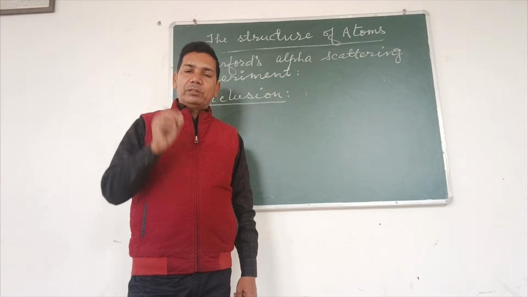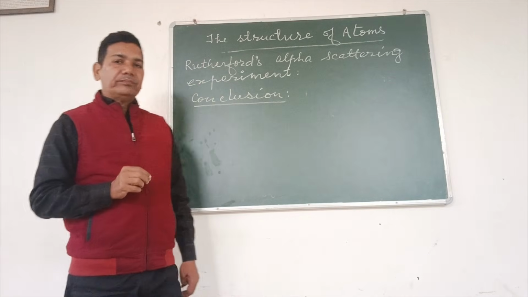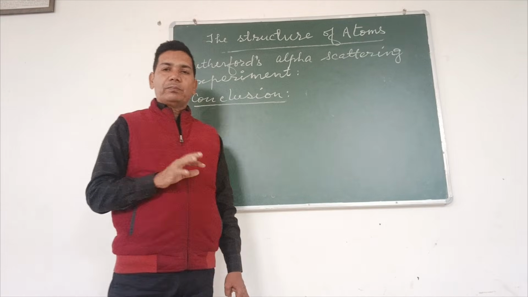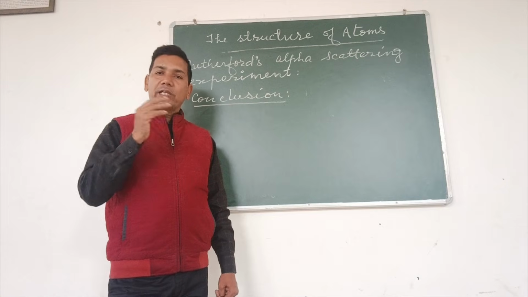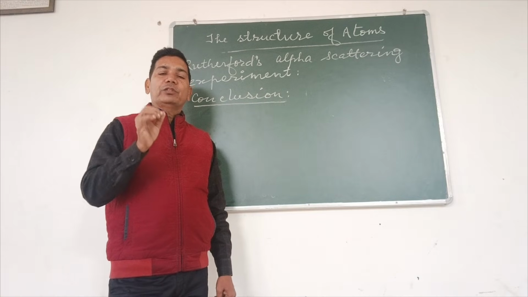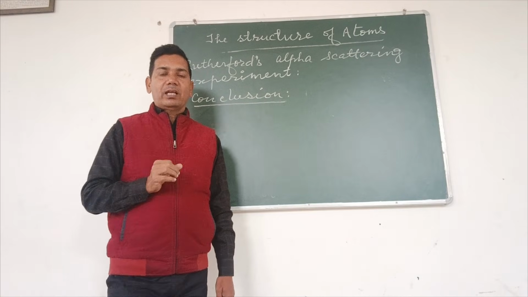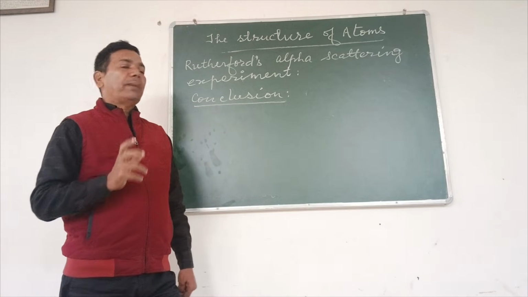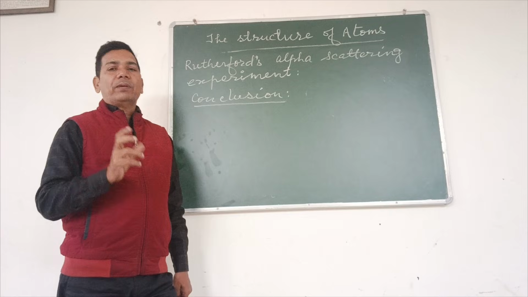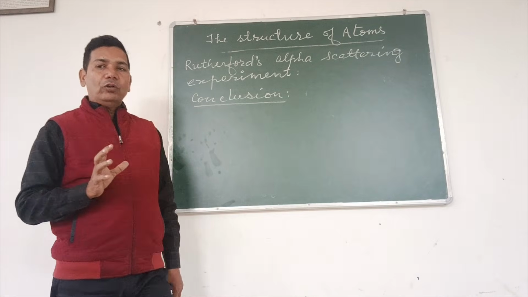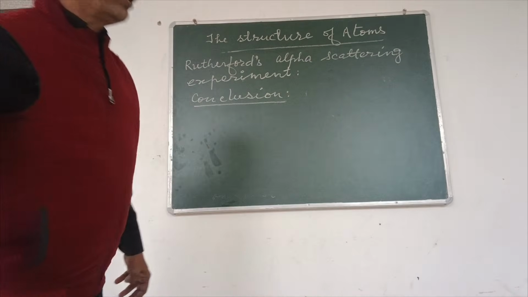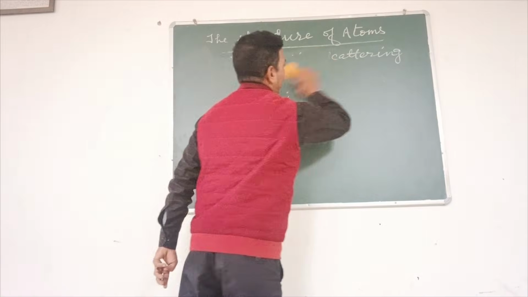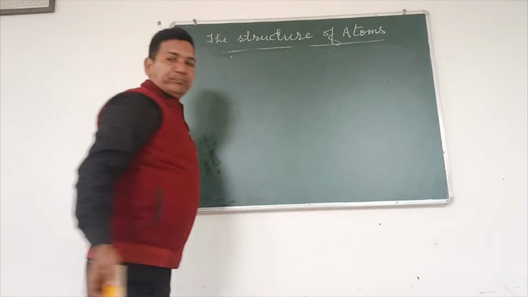The nucleus is positively charged, and later on, not by Rutherford but by Goldstein, the positive charge was named protons. Madame Curie discovered that some neutral particles, neutrons, are also found in an atom. So, on the whole, we have three subatomic particles inside an atom.